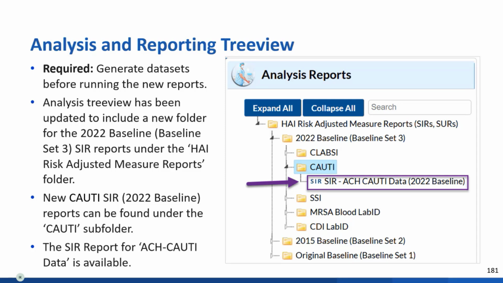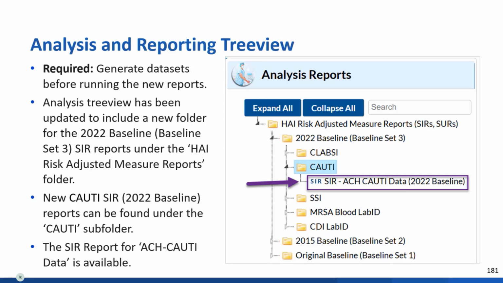It incorporates all the changes that you have made to your monthly reporting plan, any events that you've entered, all your summary data that you've entered. And this helps to ensure that your analysis reports are all correctly structured.